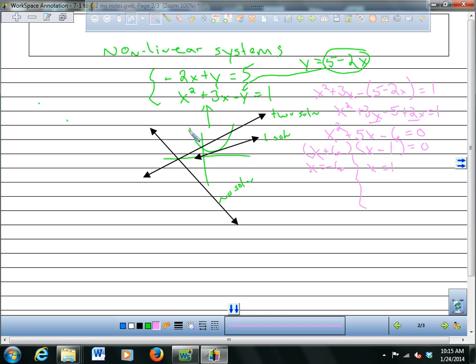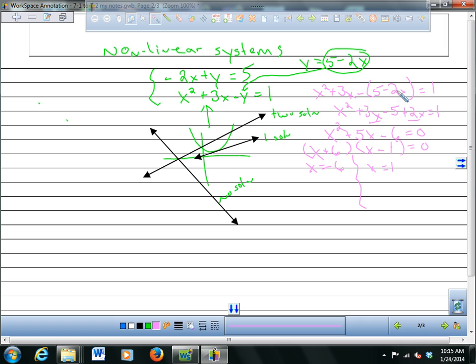And then you do have to take those and plug those back in to your original. Did I mess up? I don't think I messed up. No, I didn't mess up.